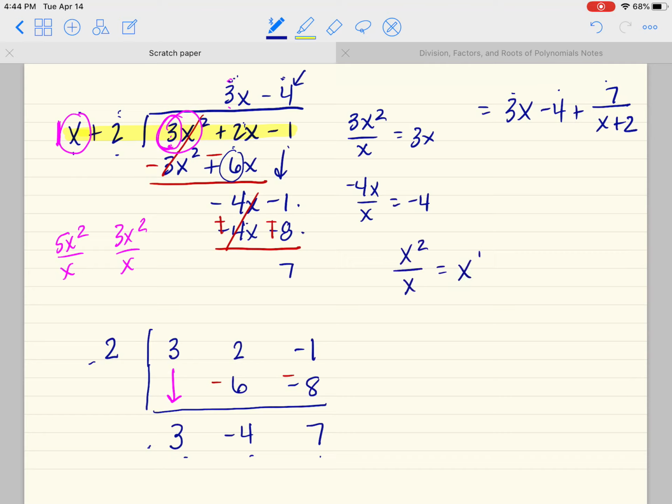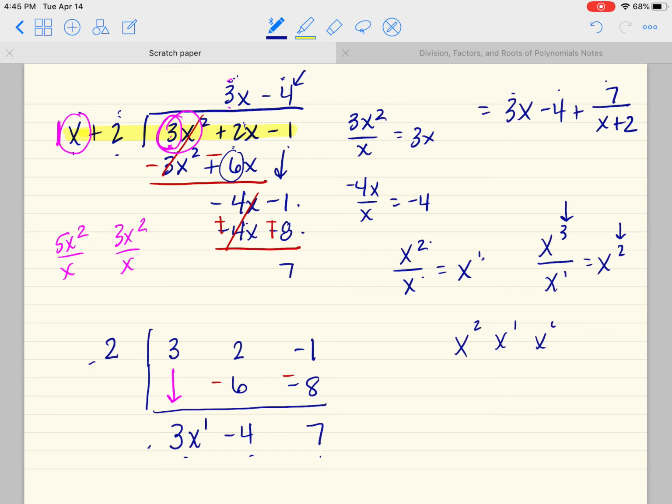So if we start with an x squared and we divide by an x, then our answer starts 1 degree less, right? I take 2 x's, divide 1 out, I start with an x to the first. If I had started with an x cubed and I divided by an x to the first, then I'd have an x squared. So the degree of your answer should always be 1 degree less than what you started with. So if I started with an x squared, then when I put my variables back in, I start with an x to the first. And then you would just descend down.